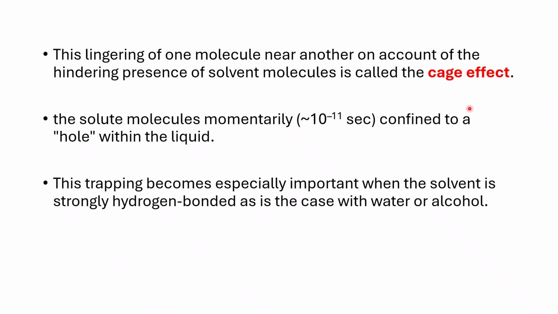So the structure whereby two reactants bump into one another in the solvent is called the cage effect, where the movement of this encounter is limited, and the solute molecules are momentarily confined to a hole within the liquid. The time that this pair, reactants A and B, stay together is about 10 to the power of minus 11 seconds.